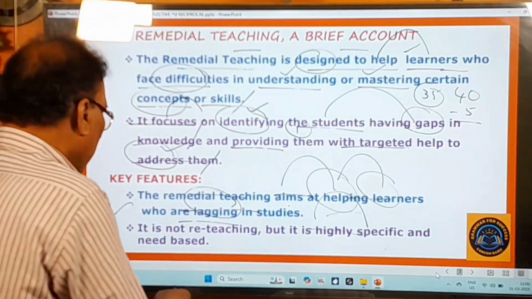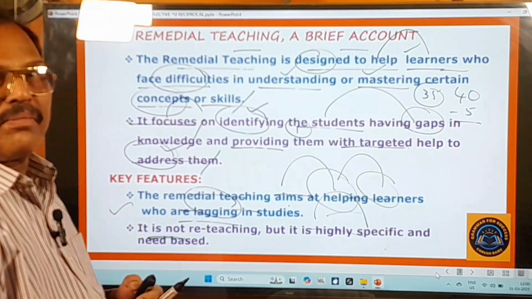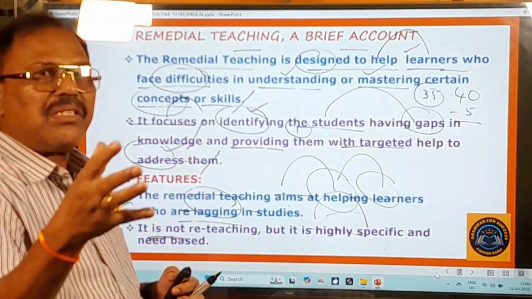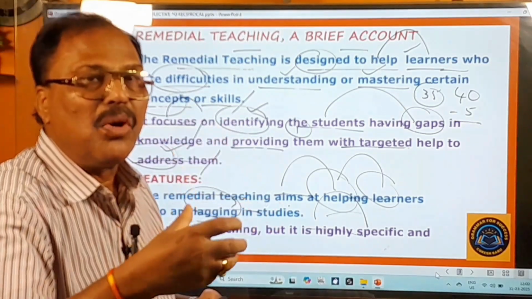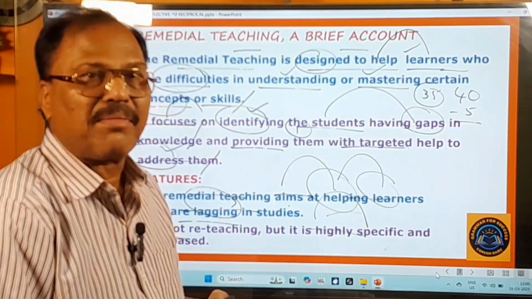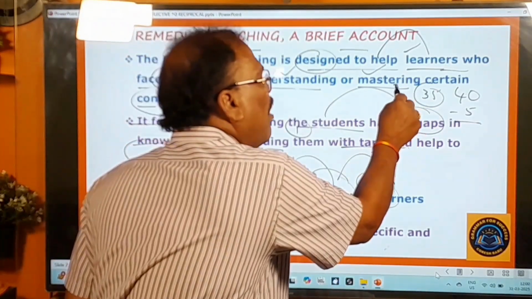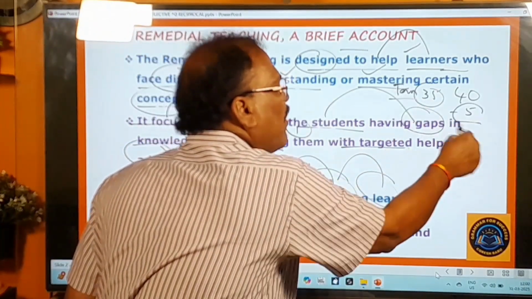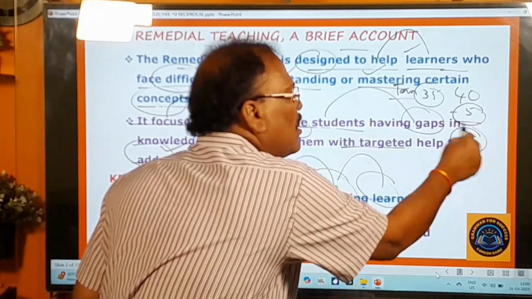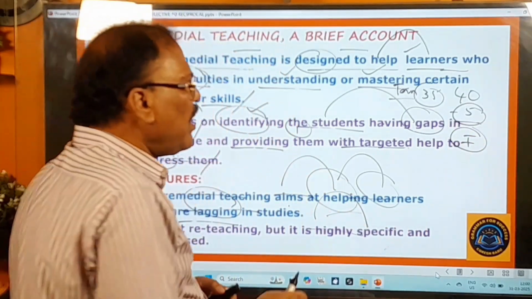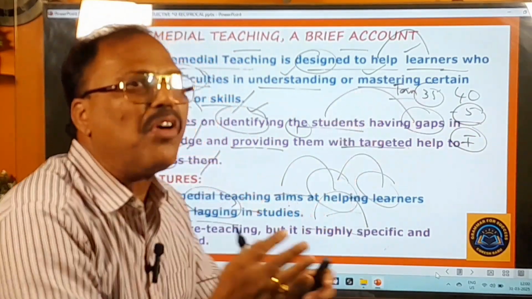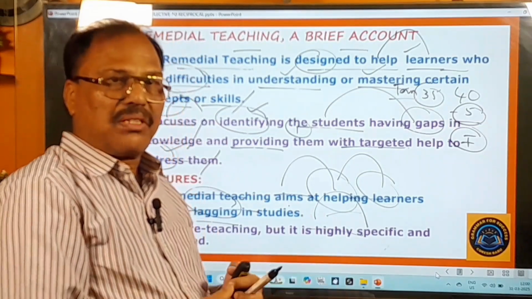And here it is need based. It means the students are supposed to learn all about the tenses. All the 35 students have understood about the tenses, whereas these 5 students have not understood something about the future tense. So here all the students must move forward in that course.